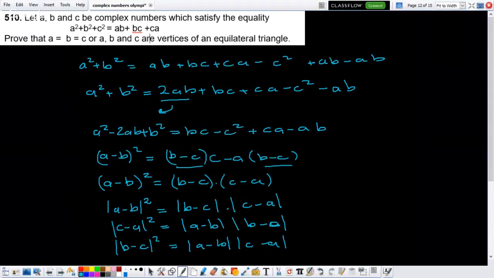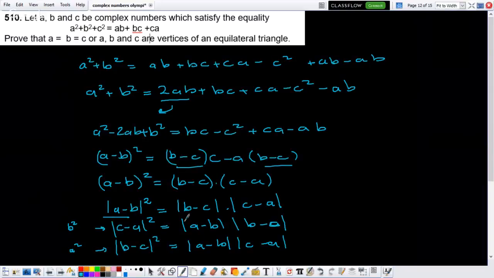Okay, here, as I told you before, I send the c square to the other side, I got this one. If you send the b square to the other side, you will get this one. If you send the a square to the other side, you will get this one.